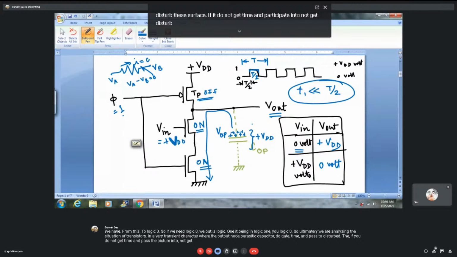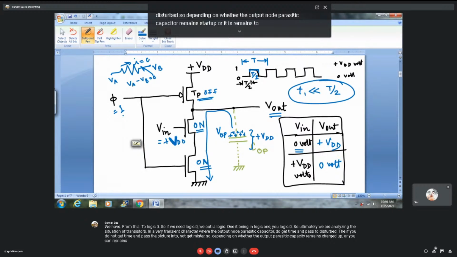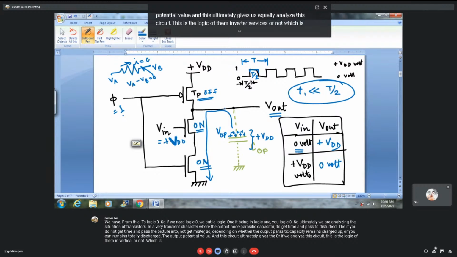So depending on whether the output node parasitic capacitor remains charged up or remains totally discharged, the output potential varies. And if we analyze this circuit, this gives us the logic of an inverter circuit or a NOT gate, which is a dynamic CMOS circuit, NOT gate.